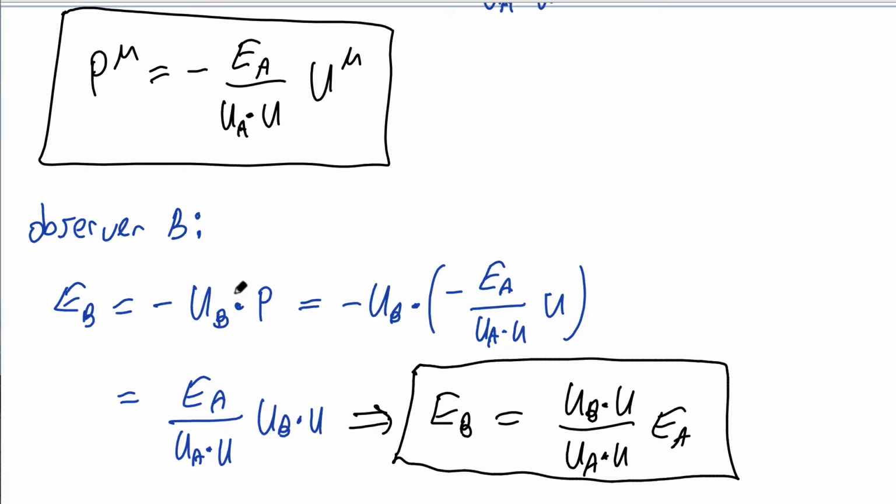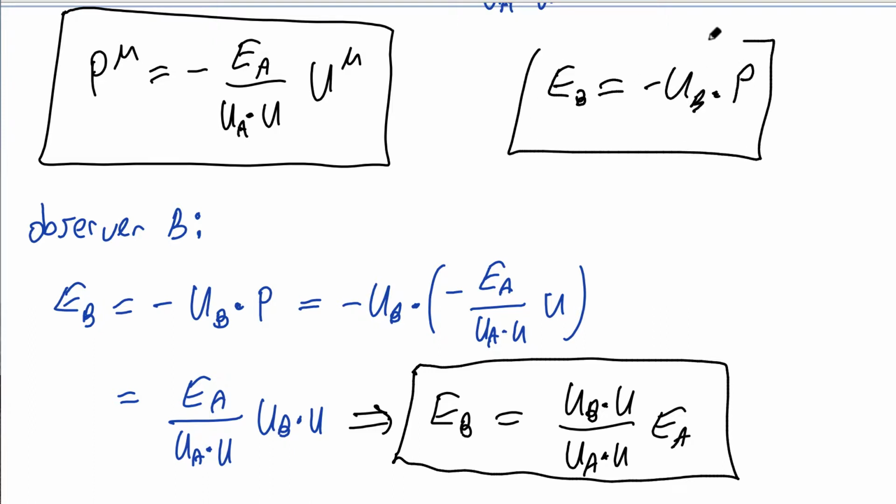So these results, and let's include this expression for the energy measured by B in terms of the momentum P, these three results define the momentum and energy of any particle moving along a time-like world line.